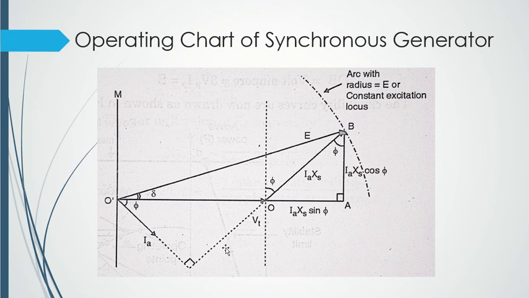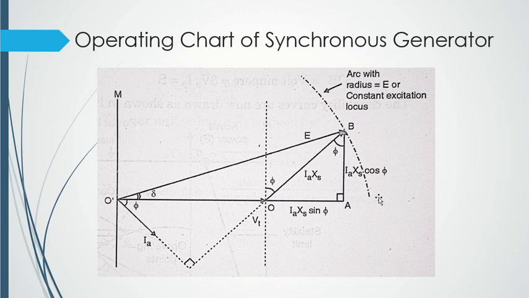So here you can see we have Ia Xs sin phi, lying on the x-axis, and Ia Xs cos phi, which is lying on your vertical axis or y-axis, right? I hope that much is clear to you. Here they have shown the arc with a radius E for constant excitation locus, right? When I have a fixed delta and I'm not changing my delta, at that time my E will remain on this locus.